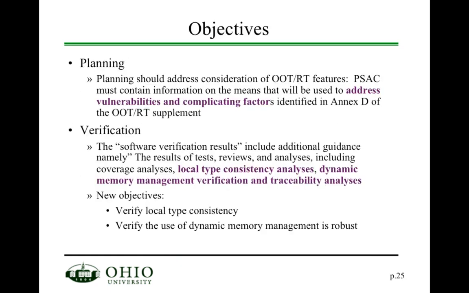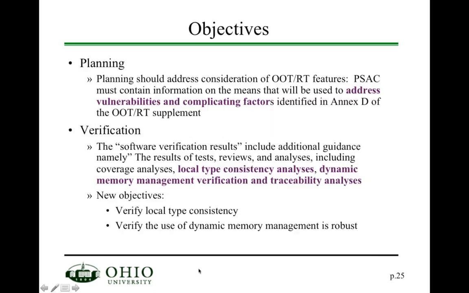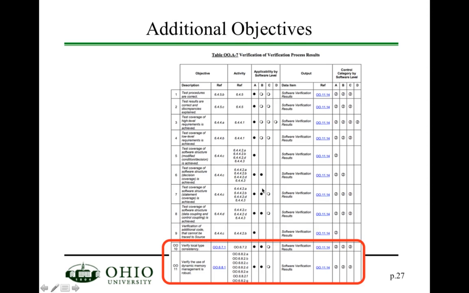So that means, for example, in this case you need to make sure that you verify the local type consistency and verify the use of dynamic memory is robust. As I said before, there are key features that have vulnerabilities, so what you need to do is make sure that you control this. You have to make sure, and it says it here, that it's robust. So the dynamic memory management that you're using is robust, and that you can guarantee that it may not result in any problems.